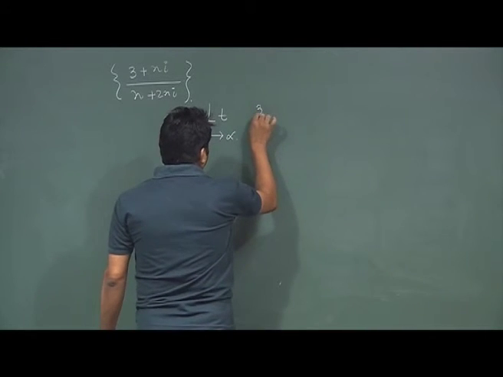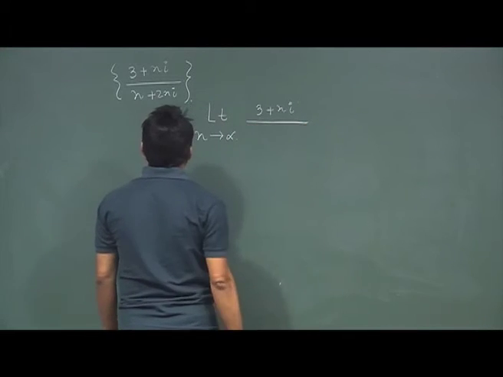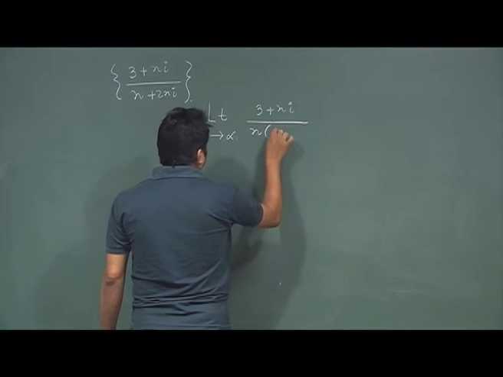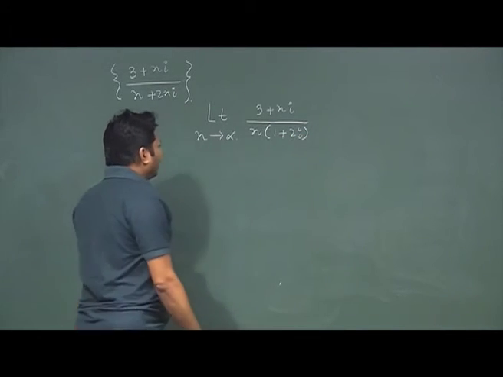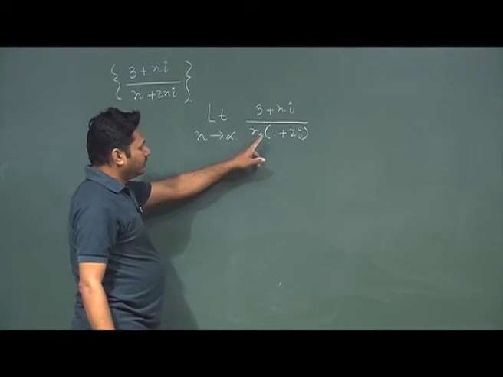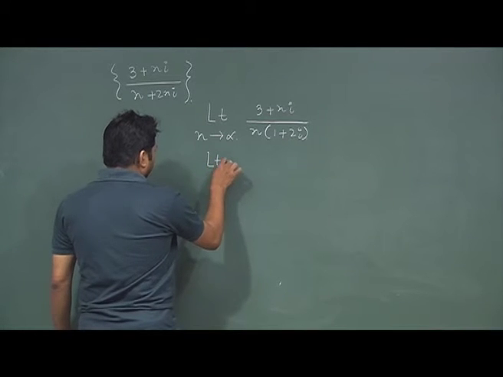So it will be 3 plus ni divided by n times 1 plus 2i. When n tends to infinity, my first target is to remove this n, to make it 1 by n and remove this n.